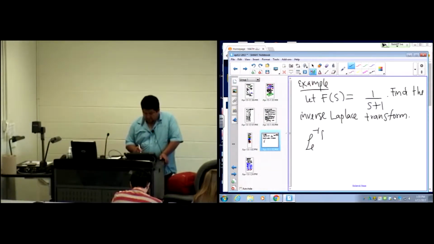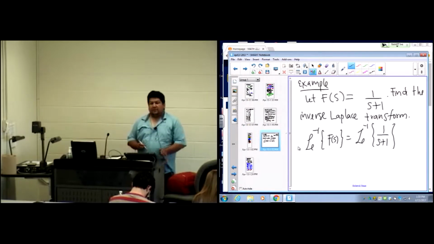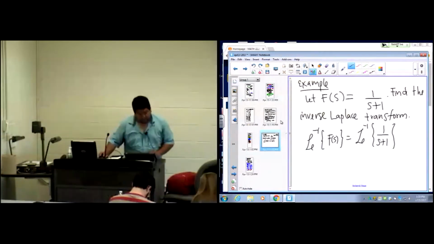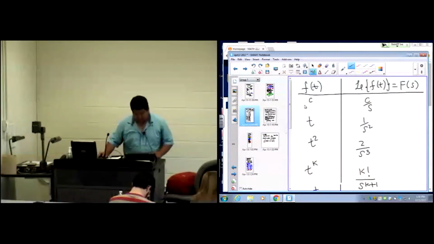Okay, so in this case, using the table, this is e to the minus t. This is by using the table of Laplace transforms.